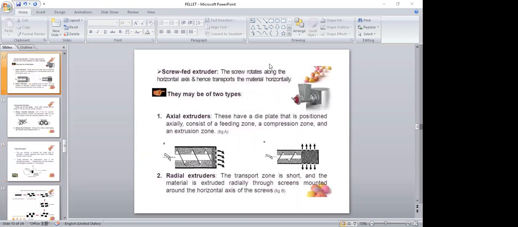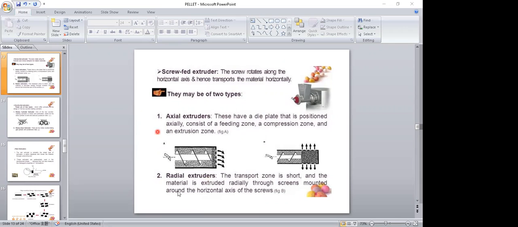Now in extrusion, there are various types of extruders used to form the extrudate. First, that is the screw fed extruder. Mainly it is available in two formats, that is axial extruders and radial extruders.